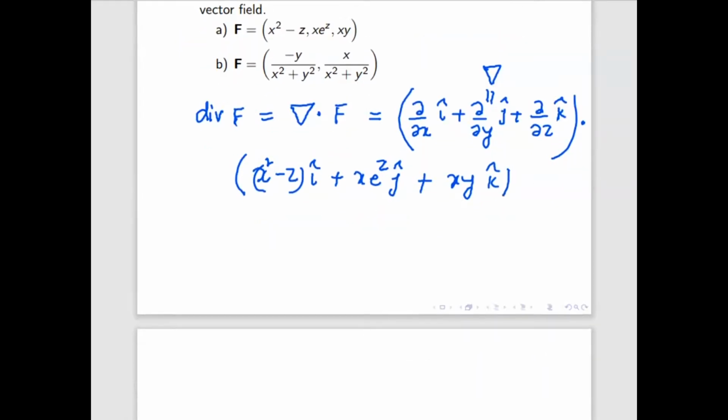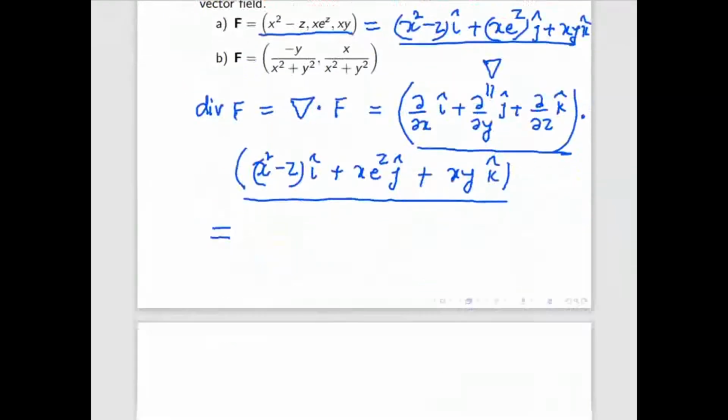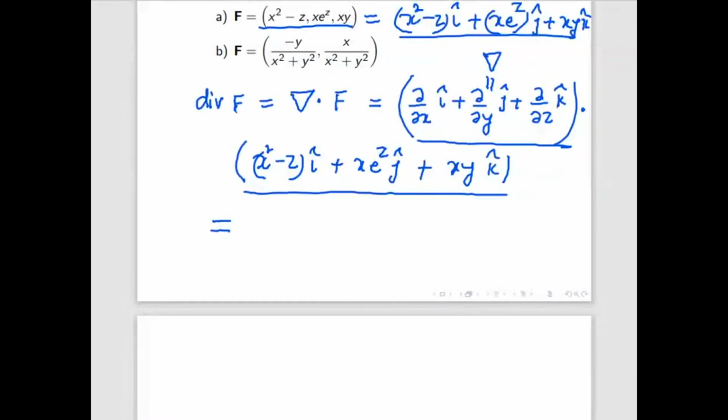So can you tell me what will be the dot product of these two vectors? The first component goes with i cap, the second with j cap and xy with k cap. So how do we find the dot product?